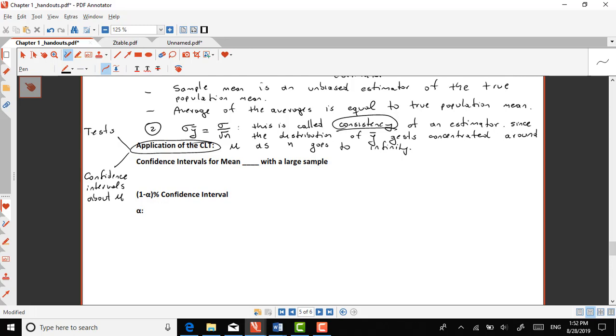So the confidence interval for mu with a large sample, so remember this is n higher or equal to 30. So let's calculate a 1 minus alpha confidence interval. So remember, what's alpha? How do we usually call this alpha?